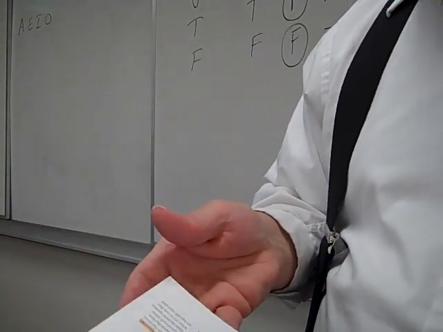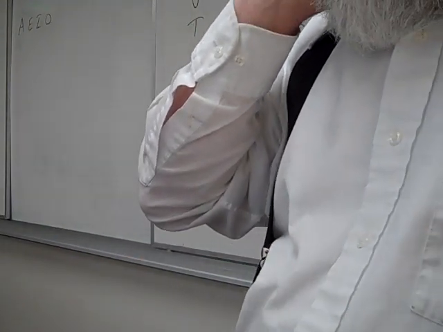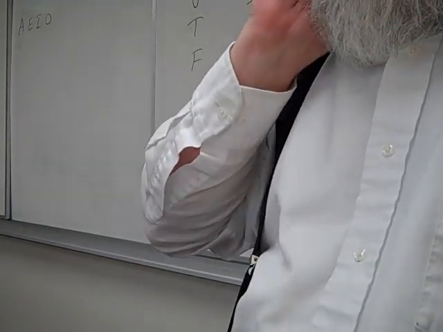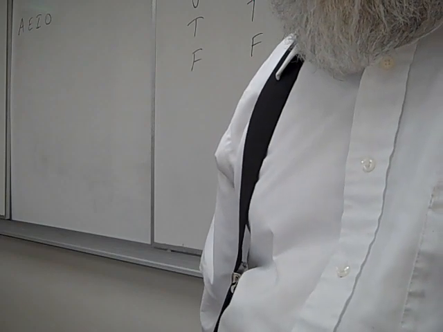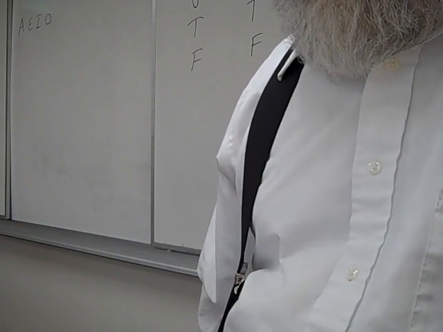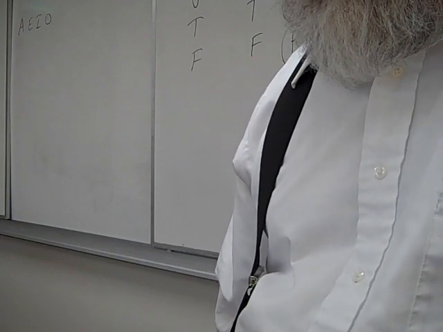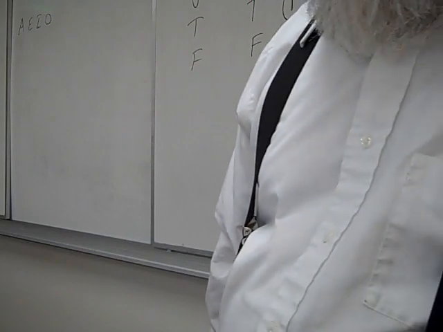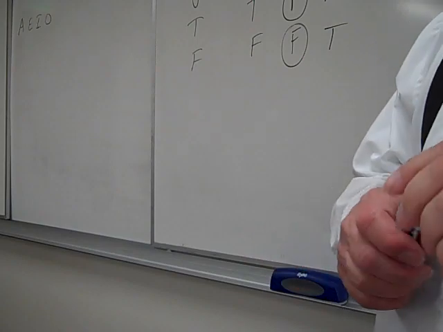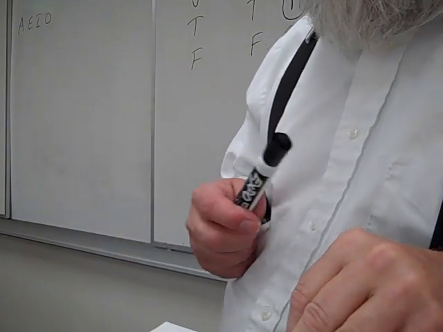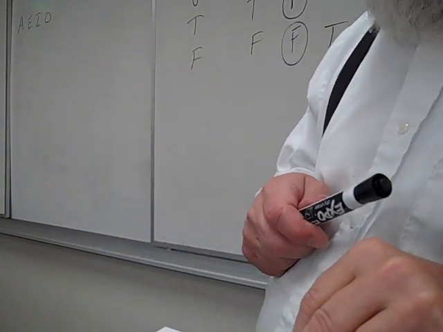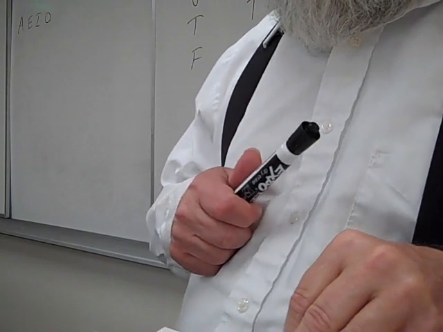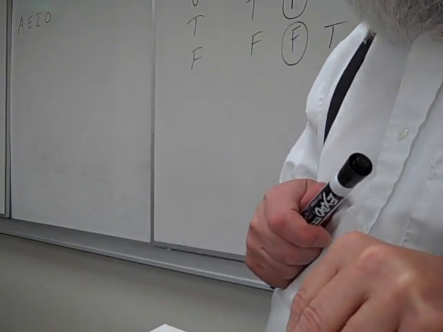Okay. Next section, logical equivalence and contradictory, consistent, and inconsistent statements. So logical equivalence. When we say that something is logically equivalent, we say that two truth functional statements have identical truth tables under the main operator.